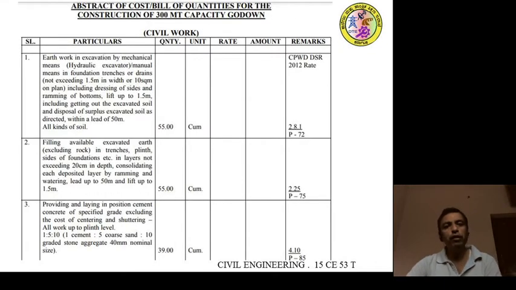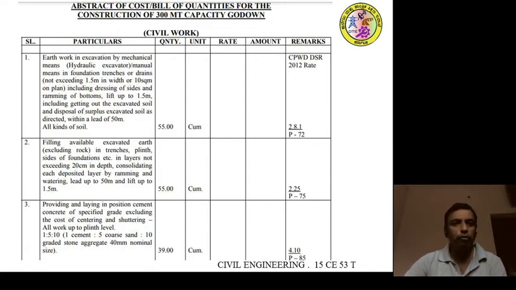This is a simple abstract cost, or bill of quantities, for the construction of a 300 metric ton capacity godown. For the construction of a godown, it is a sample of the BOQ. As already told, it is a civil work.